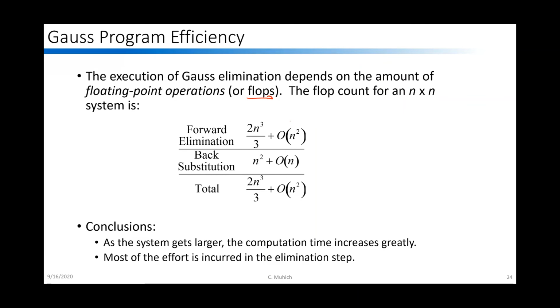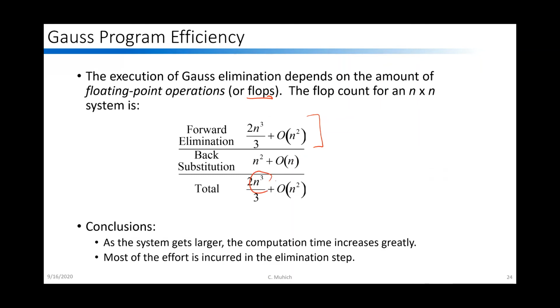When we look at what forward elimination requires, it takes on the order of 2 times the number of rows or columns cubed over 3 flops. Back substitution requires an order of n squared flops. So the total number of flops that we need is roughly 2 times n cubed over 3.